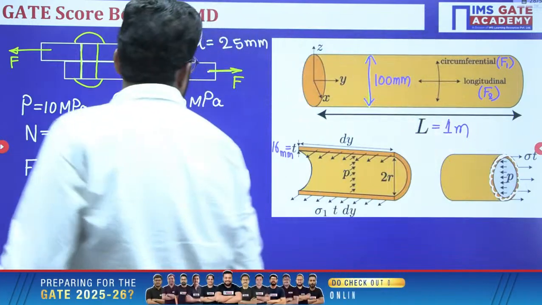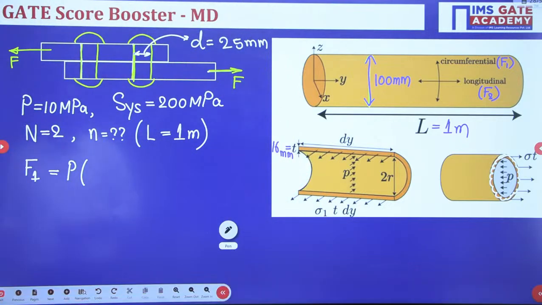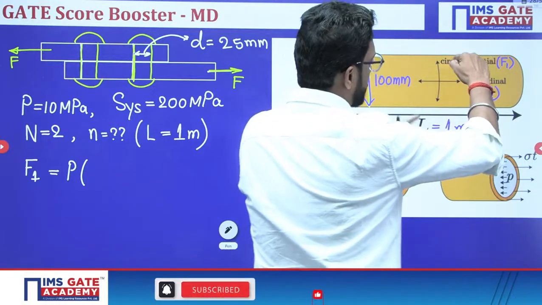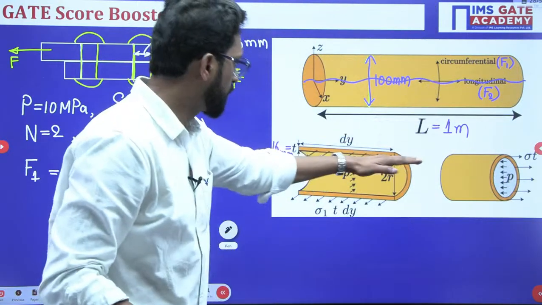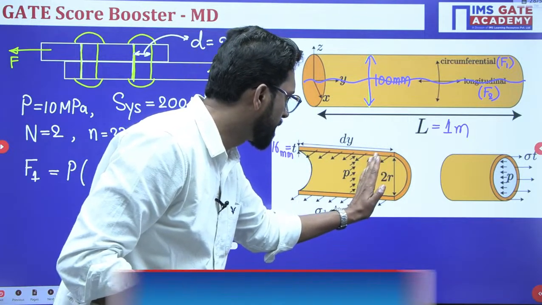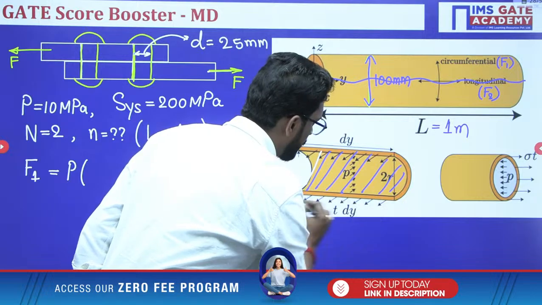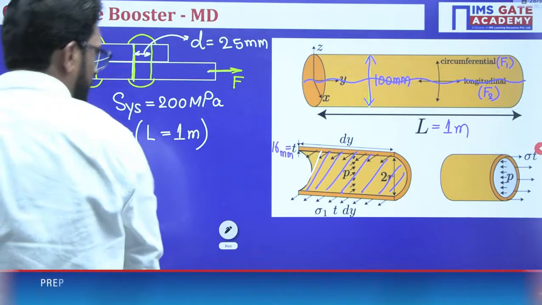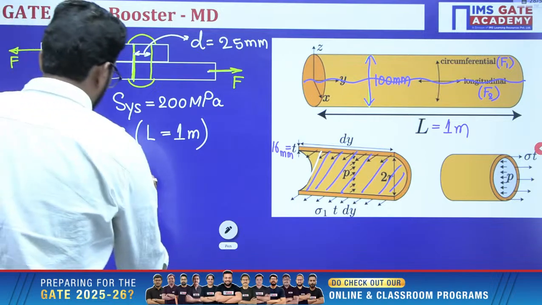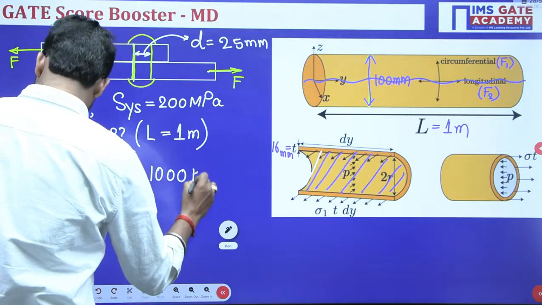This circumferential stress will develop this type of crack. The area is D into L, where L is 1 meter, so here it is 1000. If you solve, this is 1000 kilonewton.